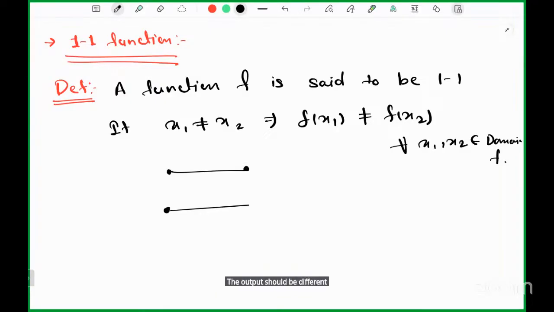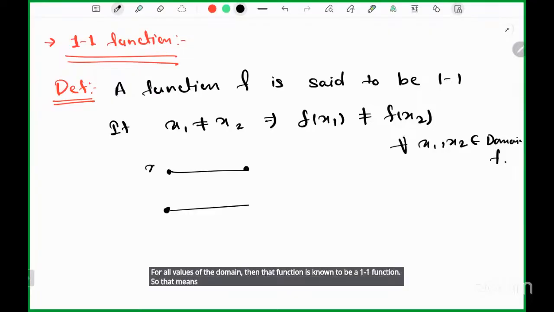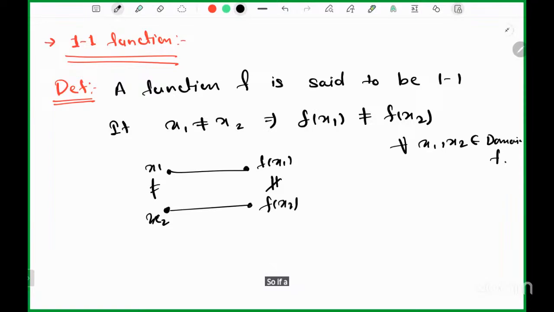If this happens for all values of the domain, then that function is known to be a 1-1 function. So if you take two different inputs, x1 not equals to x2, then the corresponding outputs should be different, that means f of x1 should not be equal to f of x2. If a function satisfies this property, then it is a 1-1 function.